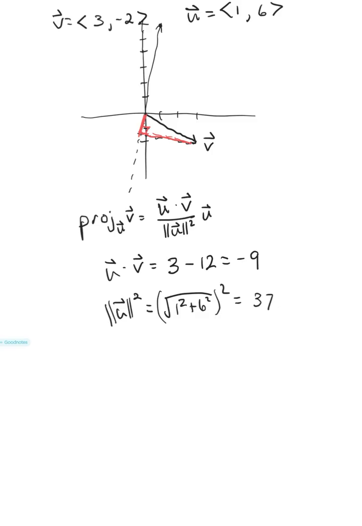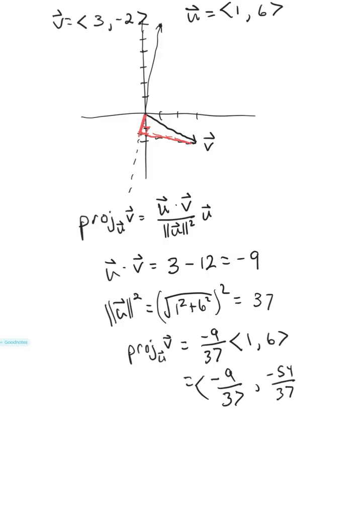So then the projection of V onto U would be -9 over 37 times the original vector U, 1, 6, which would be -9/37, -54/37.